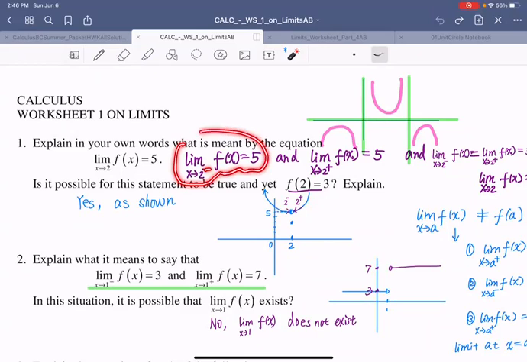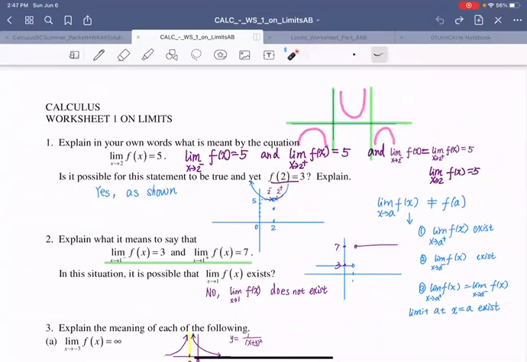The limit approaching 2 from the left equals 5, and the limit of f(x) when x approaches 2 from the right equals 5. Limit on the left equals 5, limit on the right equals 5, and the limit from the left equals the limit on the right, so the limit exists. Okay, so that's what this implies.